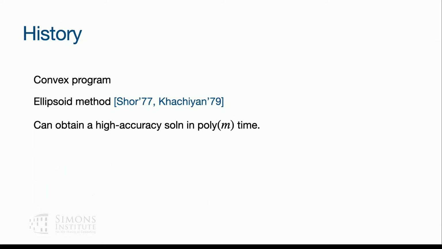Okay. So some of the previous works were all based on convex programming, ellipsoid methods. They can all obtain high accuracy solutions, but they required polynomial in m time, which was not a small polynomial.